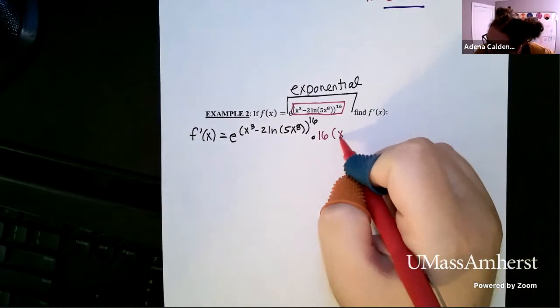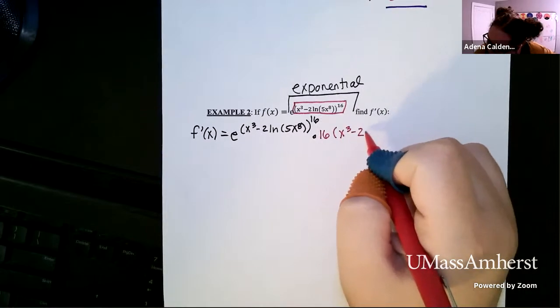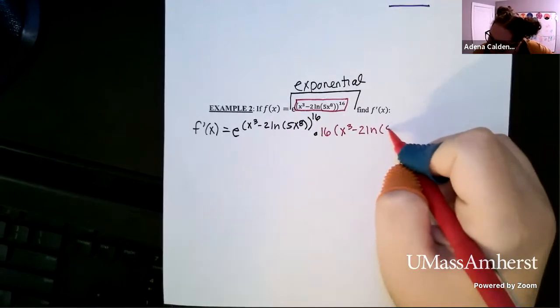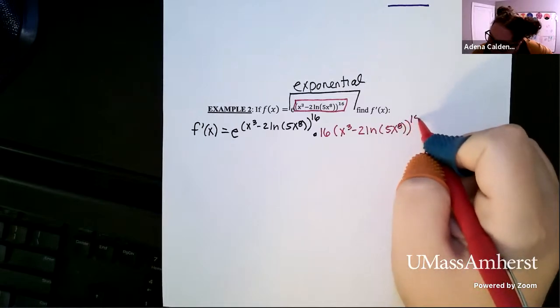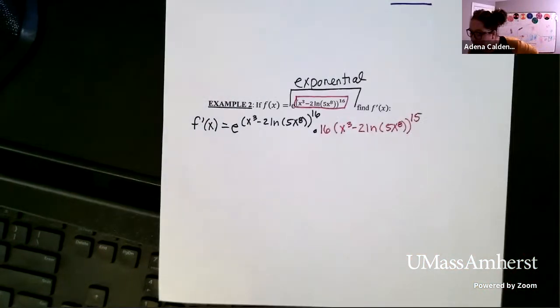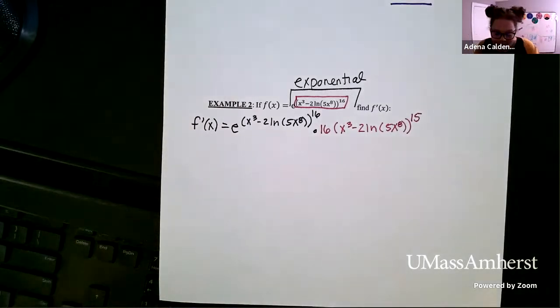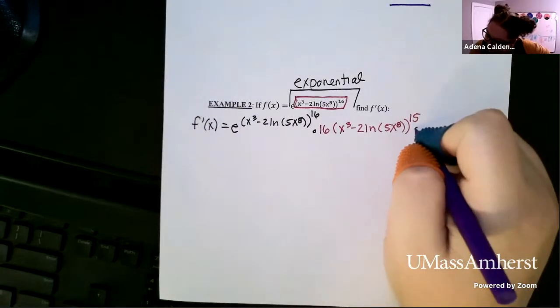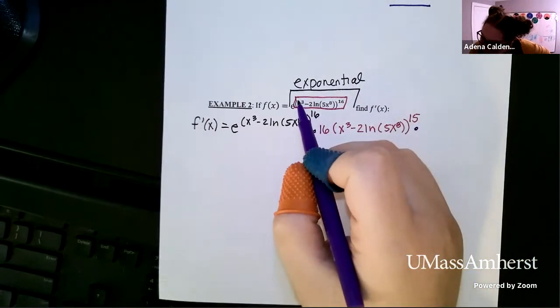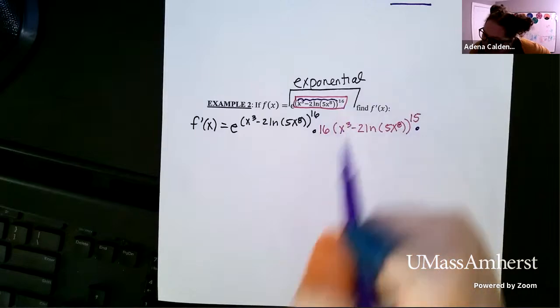Everything inside will stay the same. And I subtract 1 from the power, right? That's the outside part. But then I have to remember to multiply that by the derivative of the inside, right?